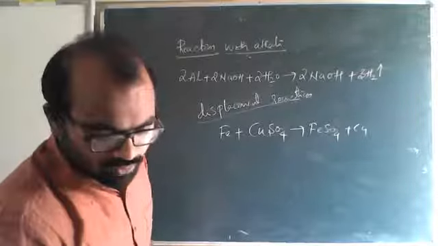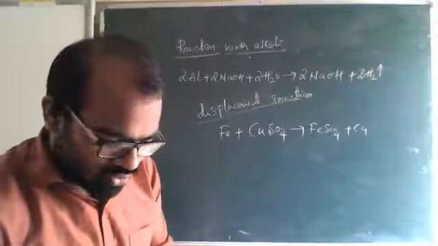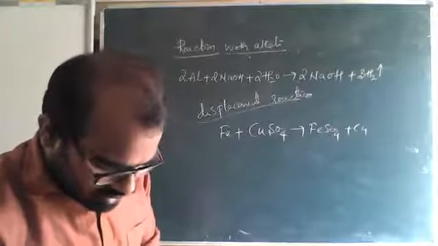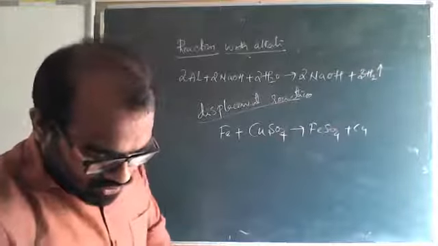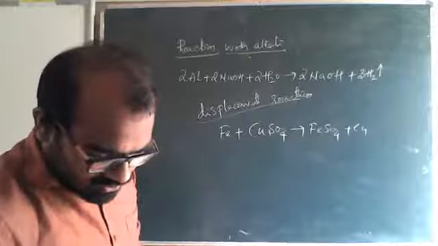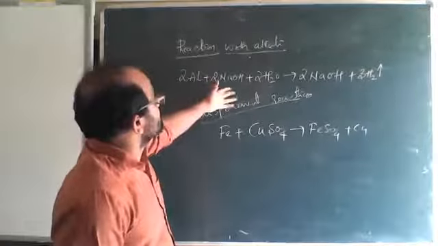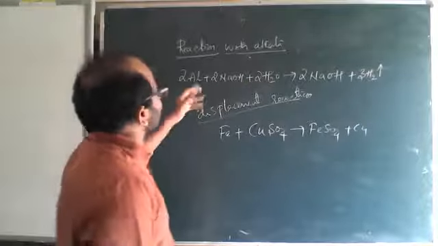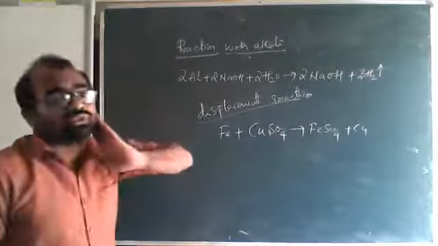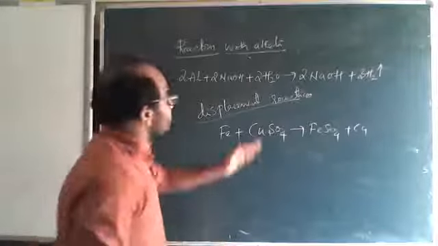Let me check it from the book. 2Al plus 2NaOH plus 2H2O. But I think they have given it wrong here. Here you should remember how I am getting that this is wrong.